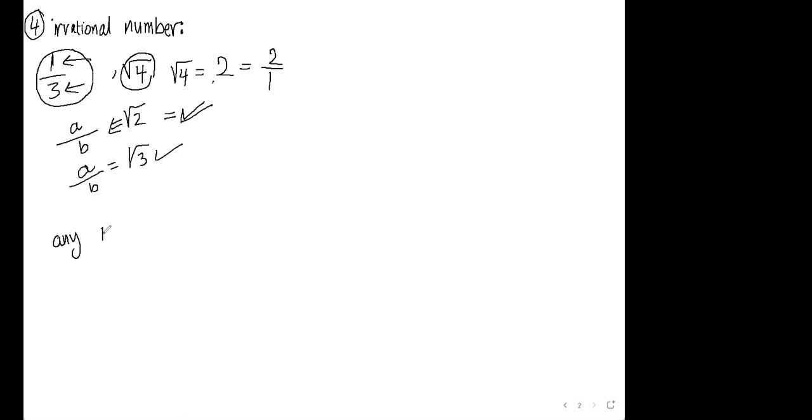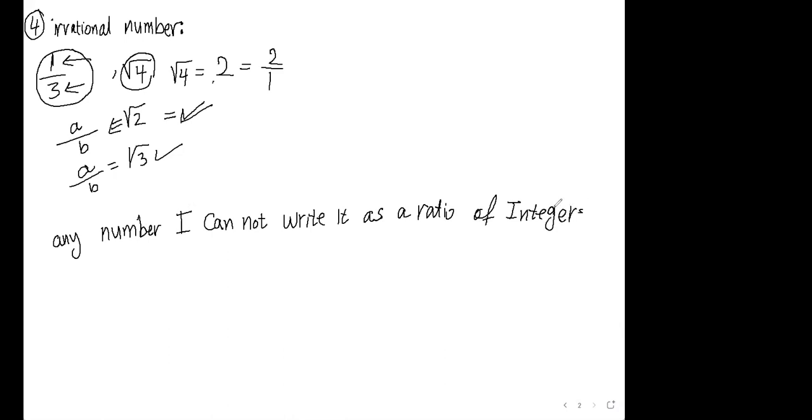Examples for that: square root of 2, I cannot write it as a fraction A over B. Square root of 3, square root of 5.